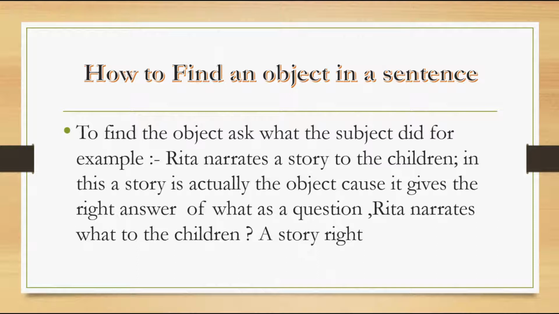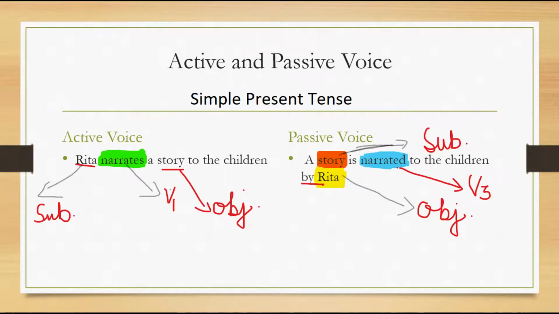So let's put this in a better way, or rather in a little complicated way. In passive voice, subject becomes object and object becomes subject. So we have a new subject, that is a story is narrated to the children by Rita. Rita is the doer of the action.